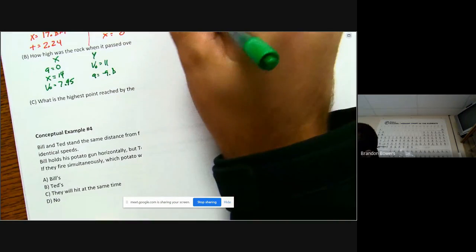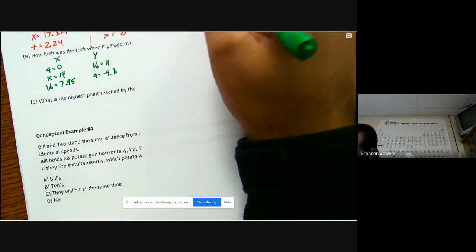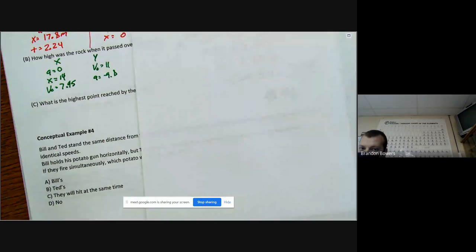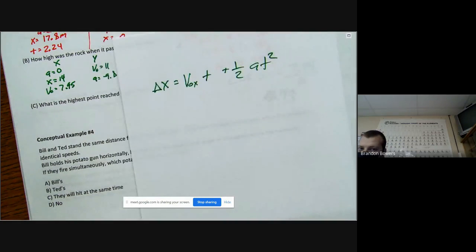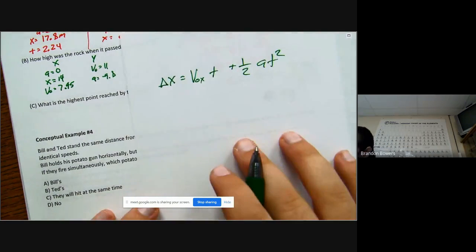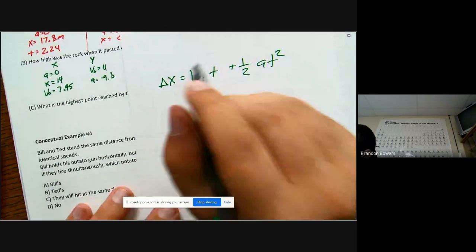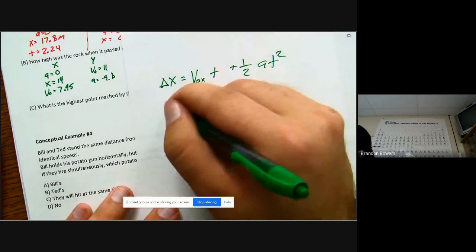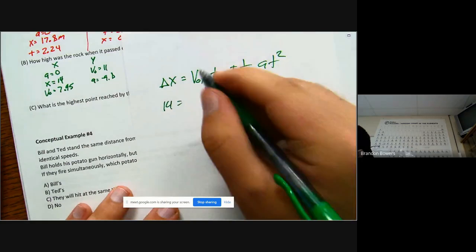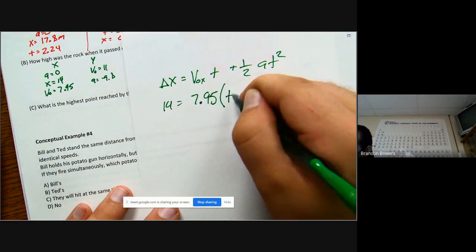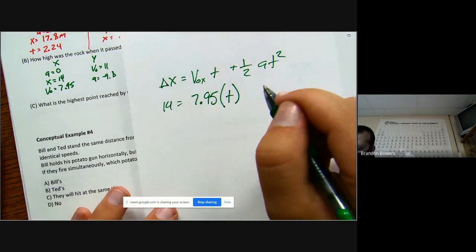I'm going to use delta x is equal to the initial velocity in the x direction times time plus half the acceleration times time squared. My delta x to the tree is 14. My initial velocity is 7.95. I don't know what t is.